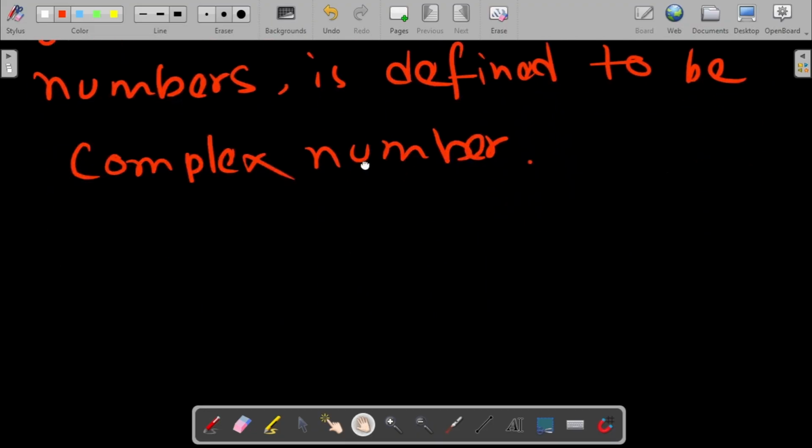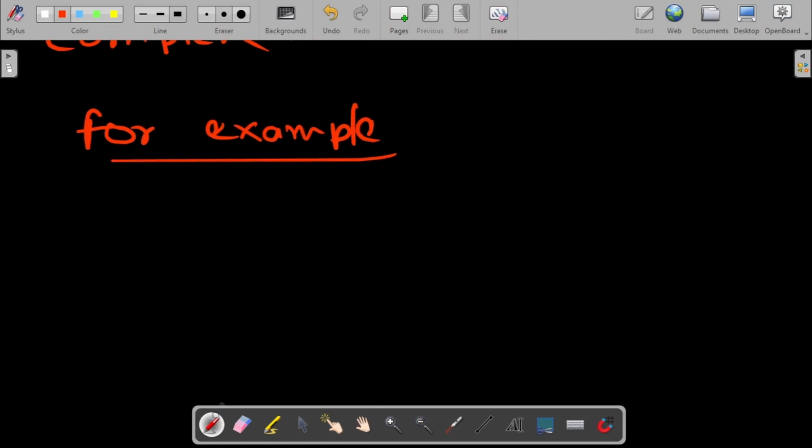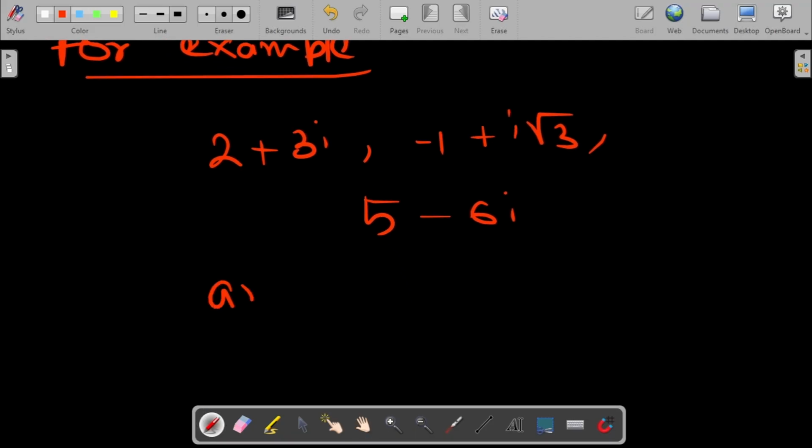For example, 2 plus 3i, and minus 1 plus i root 3, 5 minus 6i. These are examples of complex numbers, right?